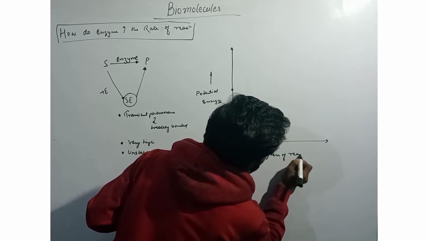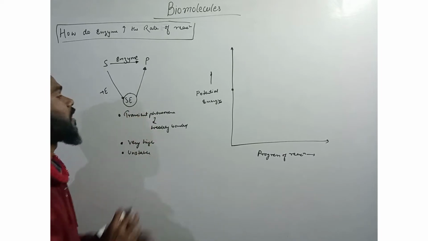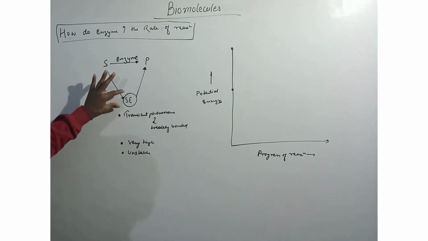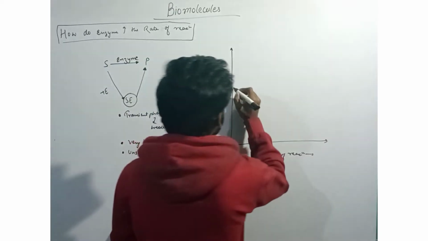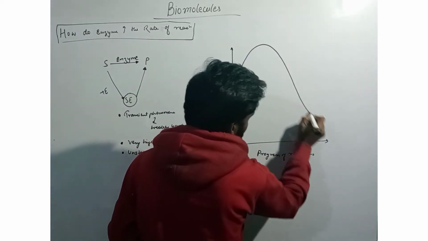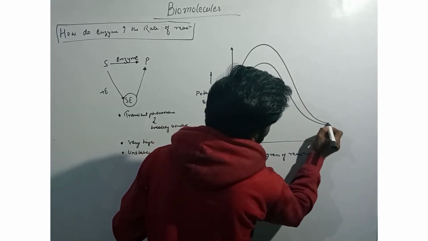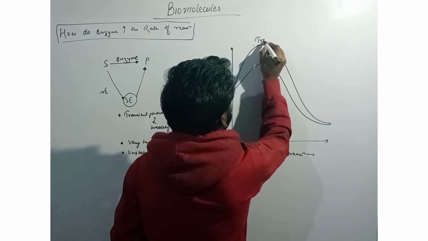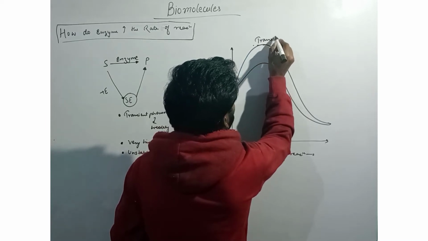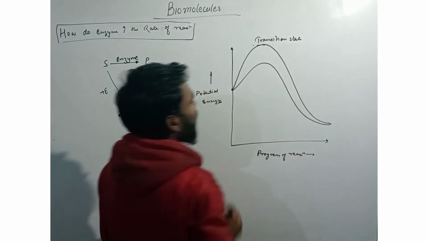Now, as I stated earlier, the transient state, that is the substrate enzyme complex, has very high energy. So this is the transition state, which has very high energy.